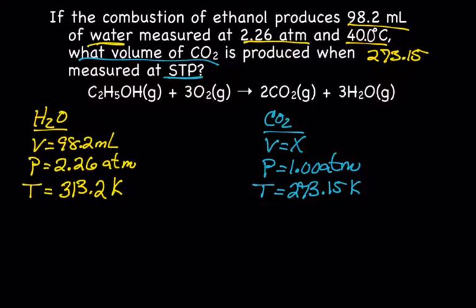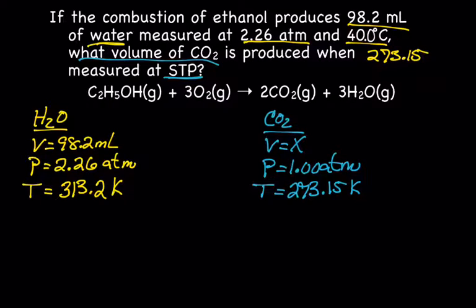So now that we know all this information, is there a way, with everything we know, to calculate the volume of CO2? We can't use Charles's, Boyle's, or Gay-Lussac's law, any of those, because we only have one pressure or temperature for each of our compounds, water and carbon dioxide.